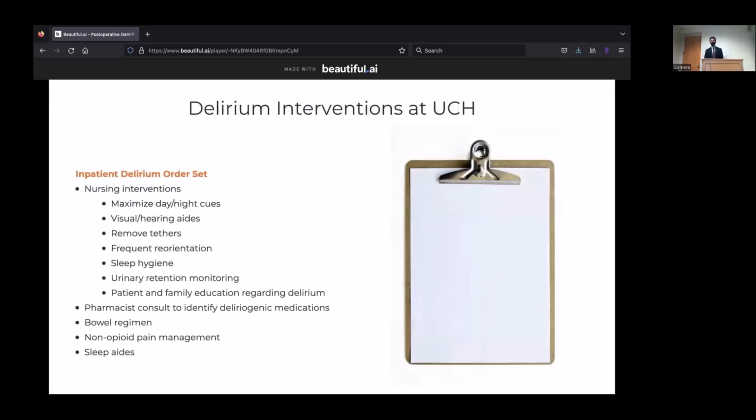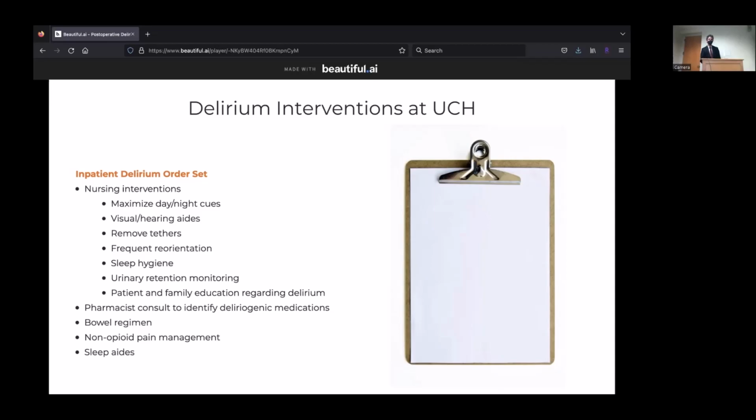Fortunately, at University Hospital, we have an order set that implements most of these interventions, called the Inpatient Delirium Order Set. It contains a myriad of nursing interventions, much similar to what you see on the last slide, including frequent reorientation, sleep hygiene, monitoring for things such as urinary retention, and patient education.